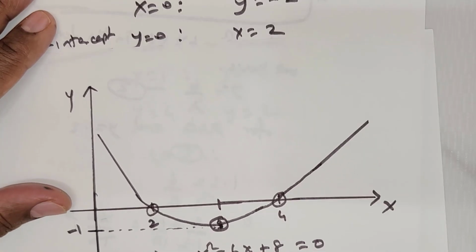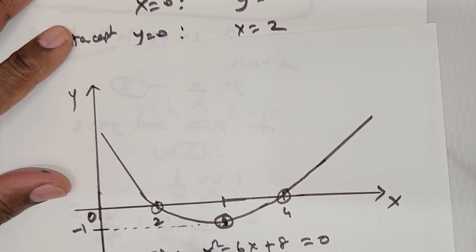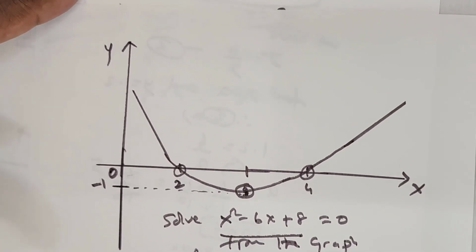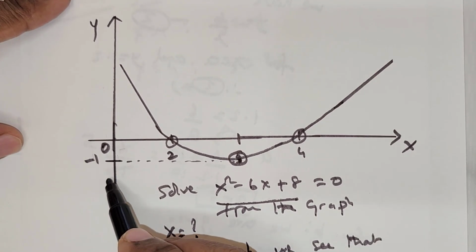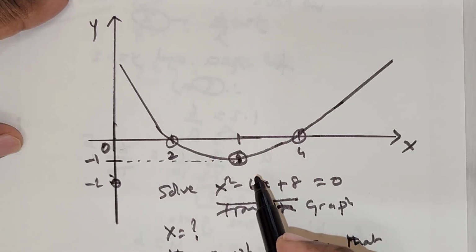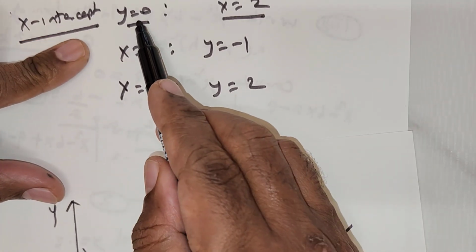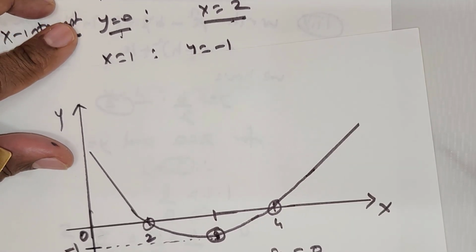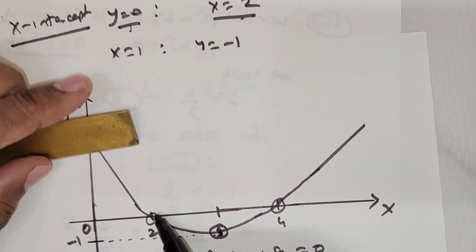So when x is equal to 0 is over here. When x is equal to 0, y is equal to -2. So if this is taken as -2, there is a hit here for the line. And then what do we have? When y is equal to 0, x is equal to 2. So this is the hit.